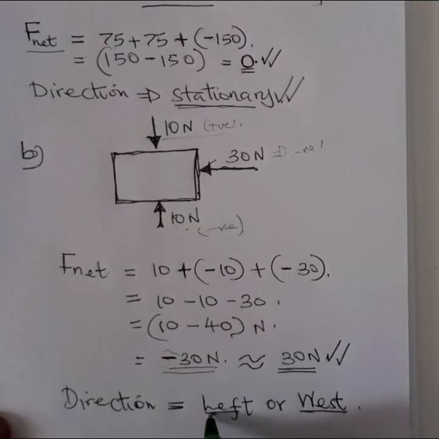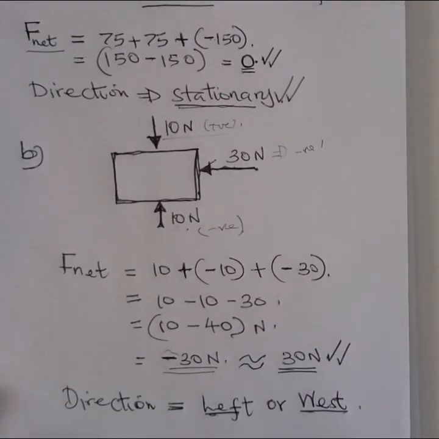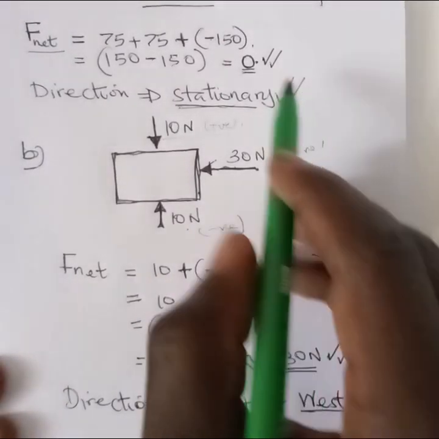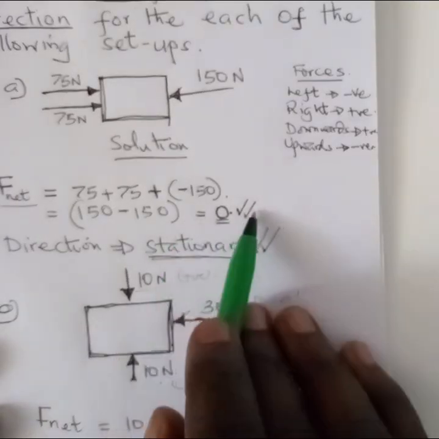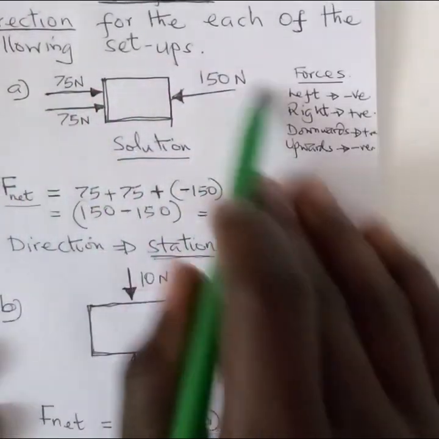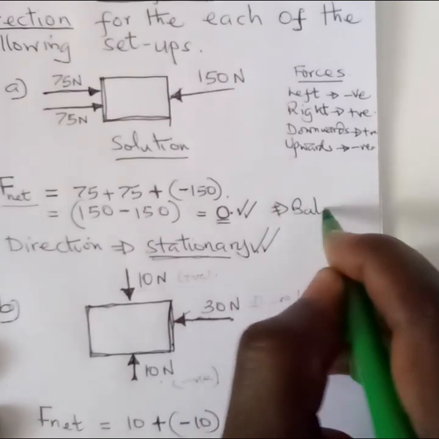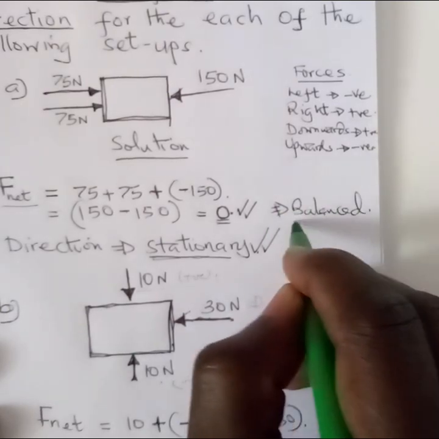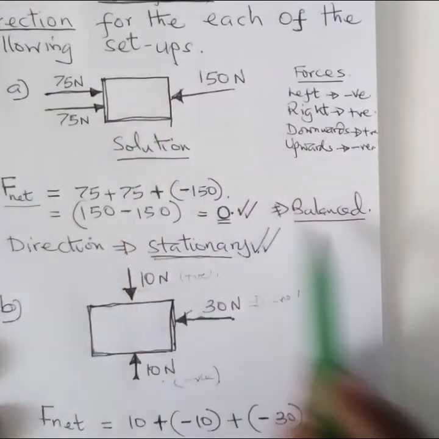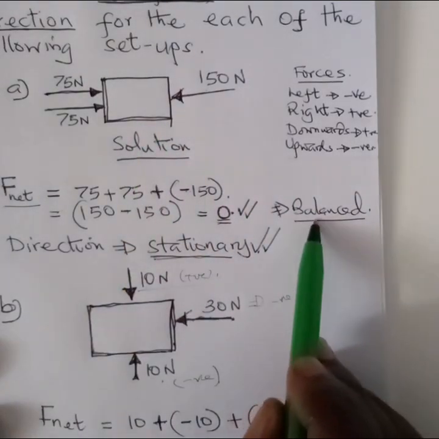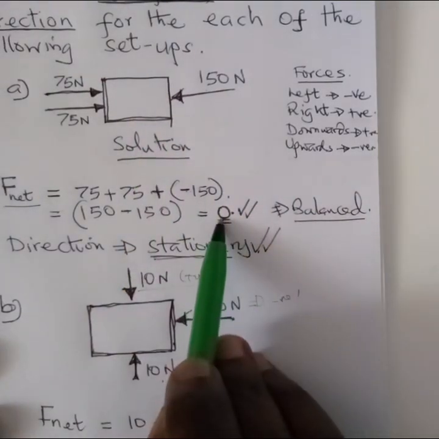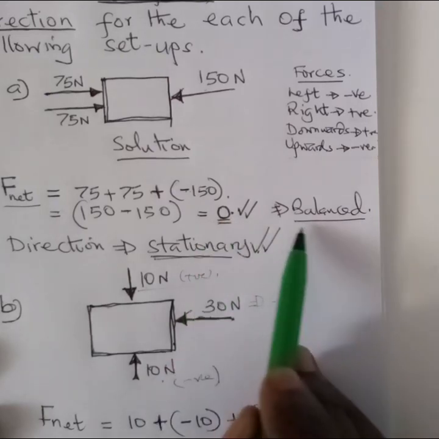Then we can consider the first body, where these forces result in balanced forces. The object will be balanced. When the net force is 0, it means the body is balanced.